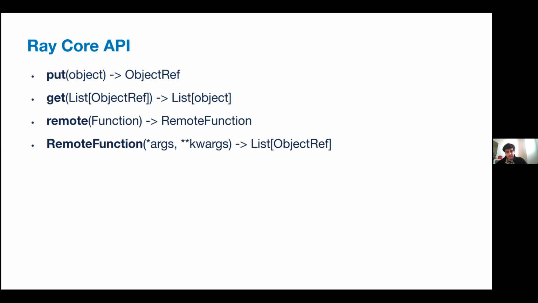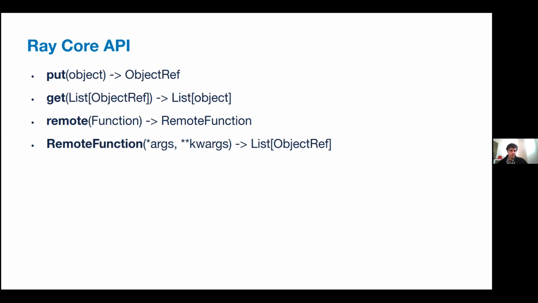The remote function is actually a meta function and is applied to Python functions and returns a remote function that can be executed dynamically by Ray. And Ray, under the hood, deals with the scheduling and can be thought of as a way of performing operator placement. So the operation will be placed on a node that makes it as quick as possible to execute the function with whatever data is available on that node.